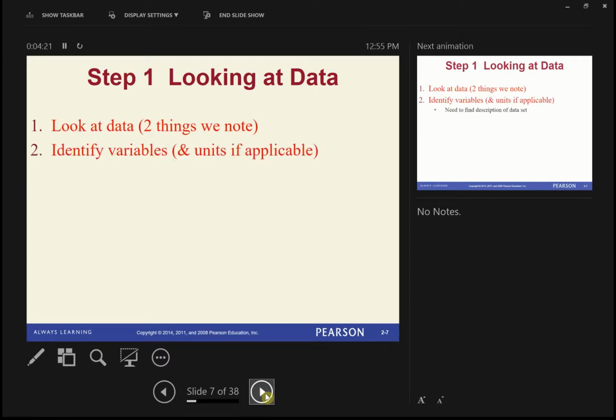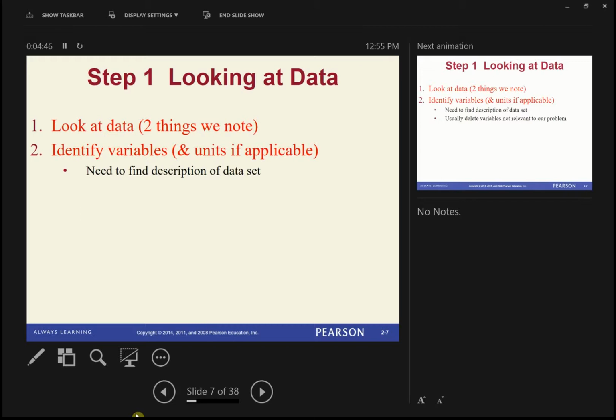Okay. So first thing, we want to look at the data. Two things we're going to note. Again, the units. But one of the things we really want is context. We want to get the background information. We saw from that example about the DUI, or the blood alcohol level, that we can't draw conclusions or answer questions only by looking at numbers. We need background information.